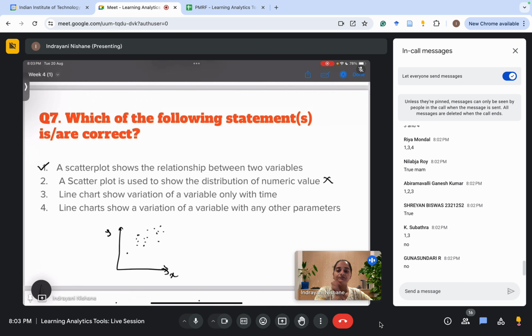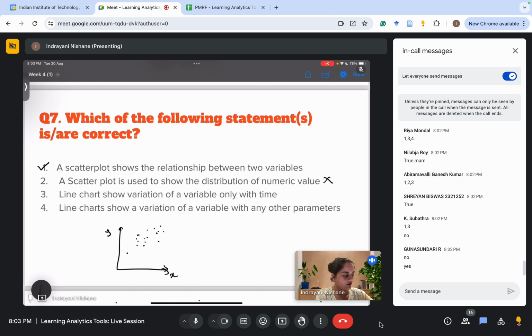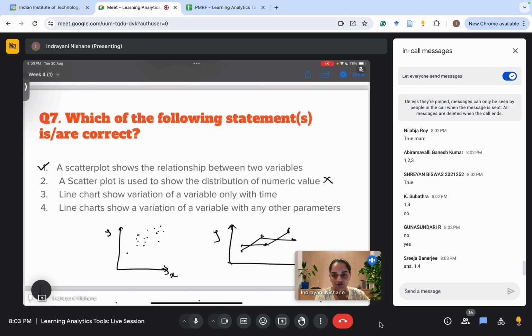Then line chart shows variation only with time, and line chart shows a variation of a variable with any other parameter. So what do you think, when we draw a line graph, will the x-axis always be time or could it be something else?